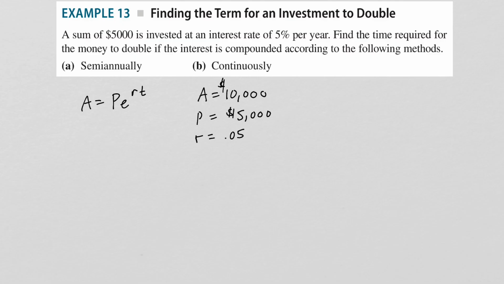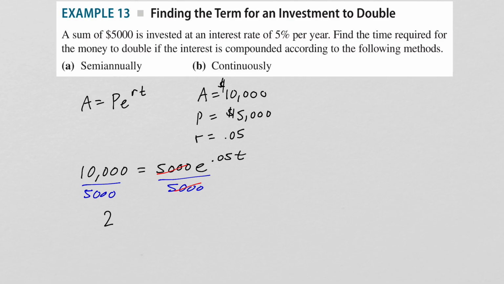So we're just going to plug everything in here. We get 10,000 equals 5,000 e to the 0.05 times t. We'll divide both sides by 5,000 just like we did before. That's going to cancel this out and give us 2 on the left-hand side and then e to the 0.05t. Next, we'll take a natural log of the left side and a natural log of the right side.